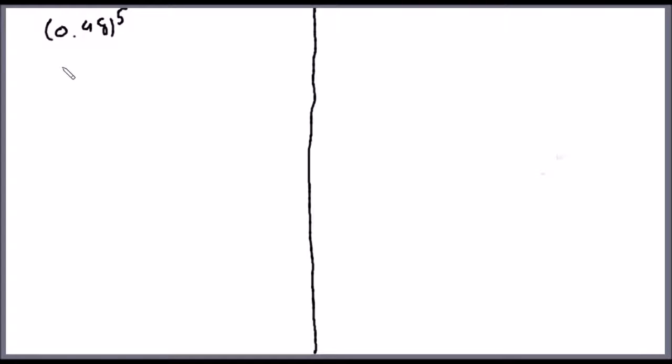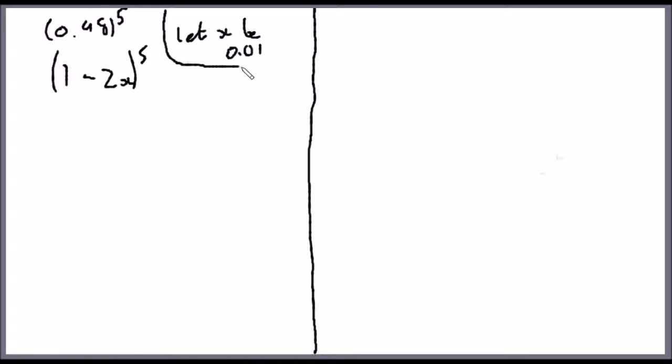With binomial expansion it's made quite nice, because you can imagine this 0.98, for example, as 1 minus 2x, with x being 0.01, to the power of 5. So 1 minus 0.02 equals 0.98 to the power of 5, and then you can use the expansion.